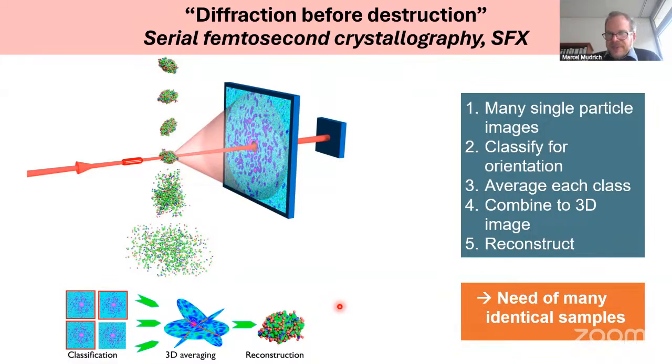But this needs many identical samples and many diffraction images. So that's probably the most important new trend now in these free electron laser based diffraction imaging experiments that take advantage of the high repetition rate of the modern XFELs.